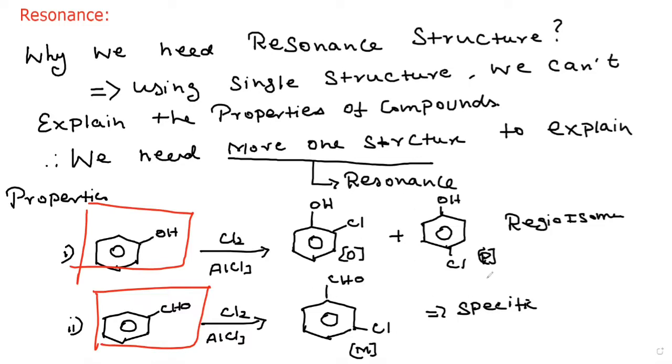This factor is explained by resonance. Therefore we need more than one structure to explain which position the electrophile Cl plus can attack in this electrophilic substitution reaction. I will explain this question later.